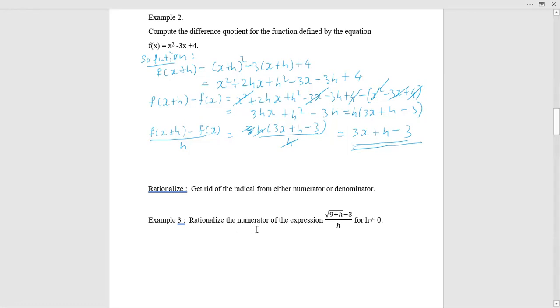Rationalize the numerator. See, it's asking you to rationalize the numerator. That means we have to get rid of this radical part in the numerator. Right? So what we do, this procedure, it is useful to remember this.